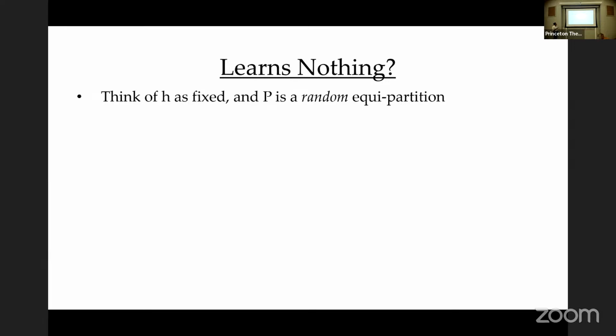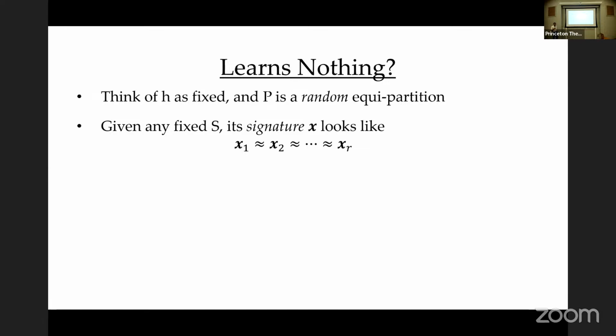Let's look at the first round. When I query an S, with very high probability, the signature of S will be almost balanced. How many elements you take from part 1 will roughly be the same as from part 2, up to how many you take in part R, up to some standard deviations, up to square root of small n, where small n is capital N by R. That's what you're going to query.